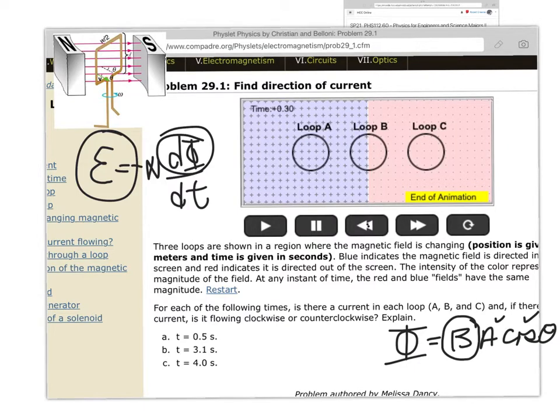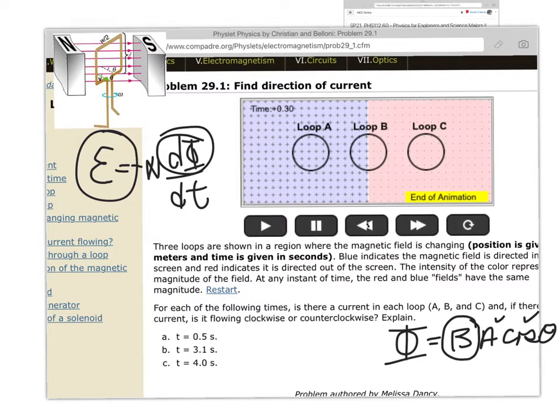So another way of thinking of it is we want to keep it at zero. So if we're getting flux into the page, the induced EMF needs to produce flux out of the page, tending to keep the thing at 0. So there's lots of ways of thinking about Lenz's law.